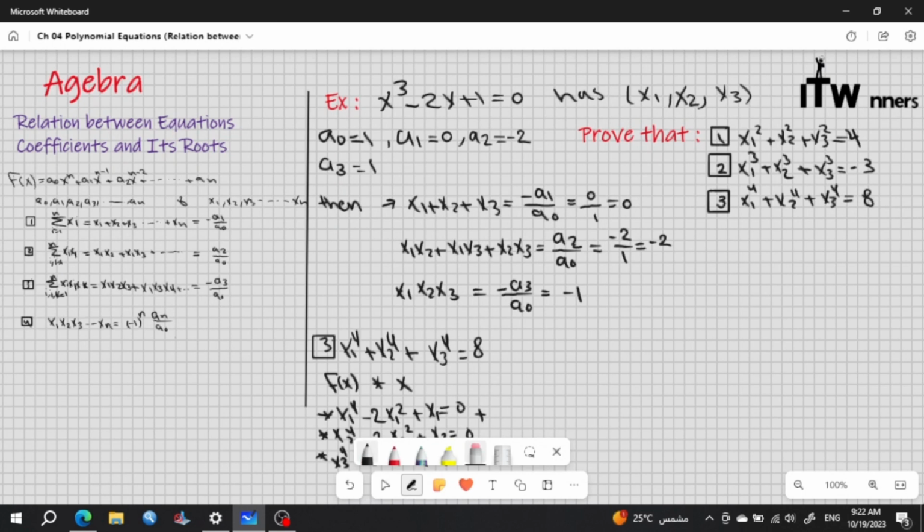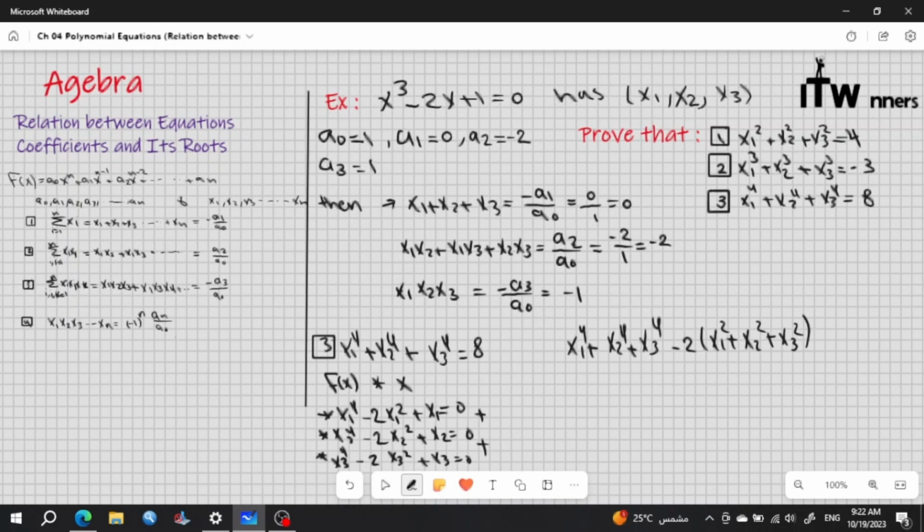So here we have x1⁴ + x2⁴ + x3⁴ minus 2(x1² + x2² + x3²) + (x1 + x2 + x3) equal to 0.